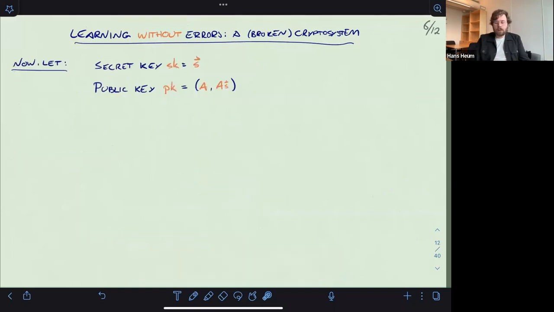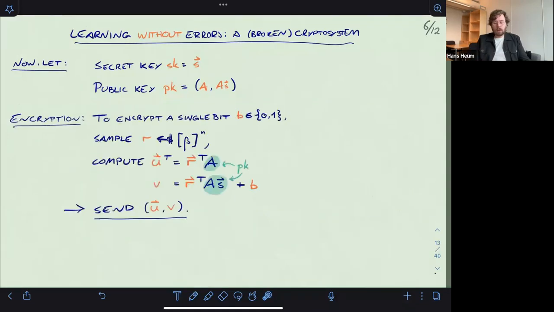Okay, so now with this assumption, we let the secret key be this short vector S. We let the public key be the matrix A, and the short vector transformed by the matrix A into something that is no longer short. Now, what we do to encrypt is that you sample some random element R, which is also short.